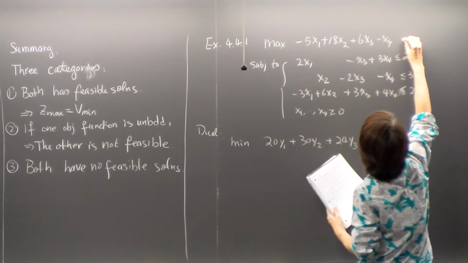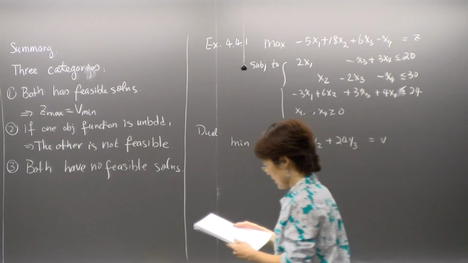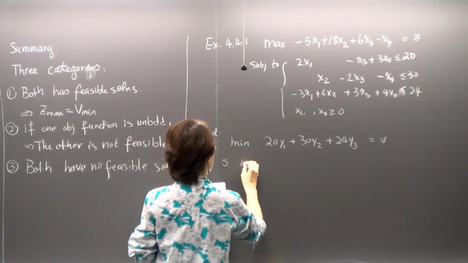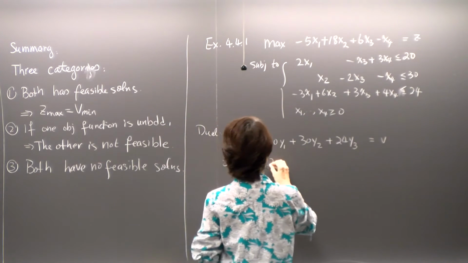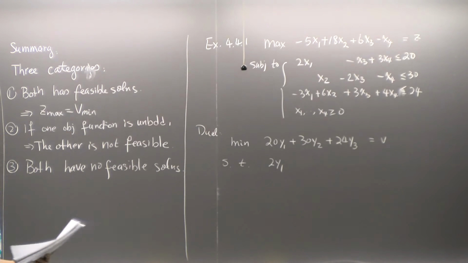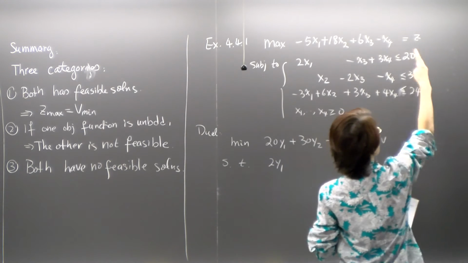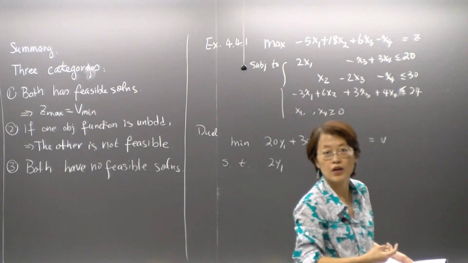Let me call this z and call this v, so we can refer to them. Subject to y1. So are we professionals at forming the dual if it's given in this standard way? You assign a y1, y2, y3, and then you multiply and add them up column-wise.